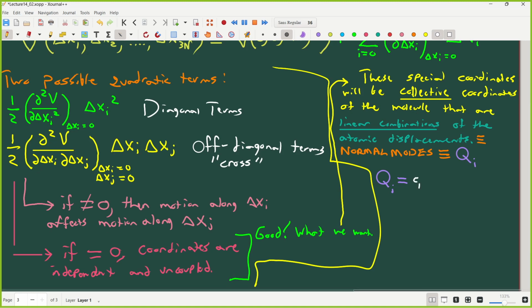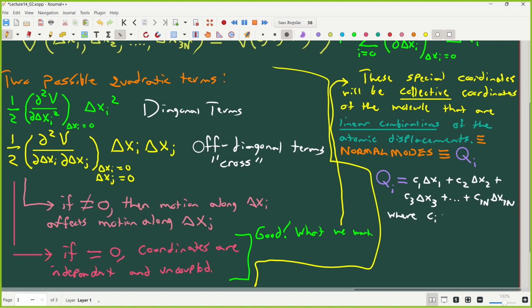So it could be C1 delta x1 plus C2 delta x2 plus C3 delta x3, all the way up to C3n delta x3n, where the C sub i constants are weights. They tell you how much each of the atoms moves.